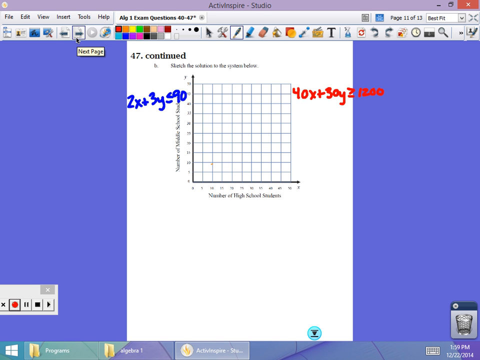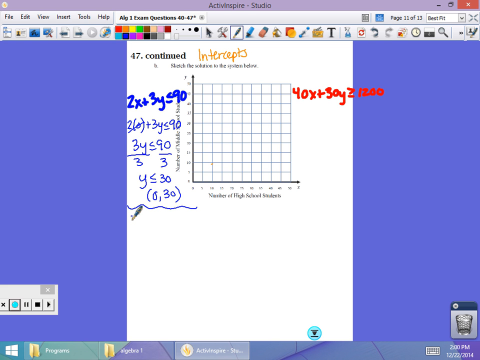47b is telling us to sketch the solution. Once again, I'm going to find the intercepts. Plug 0 in for x to find y. 2 times 0 is 0. Divide by 3. Y is less than or equal to 30, so my first point is 0, 30.